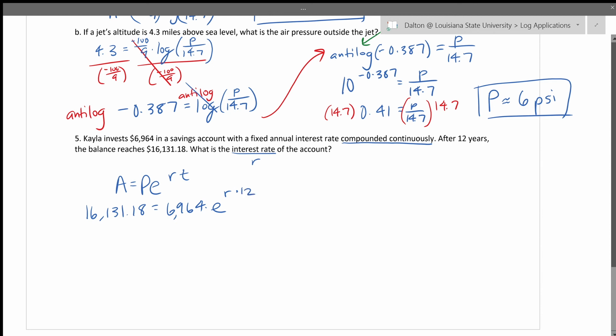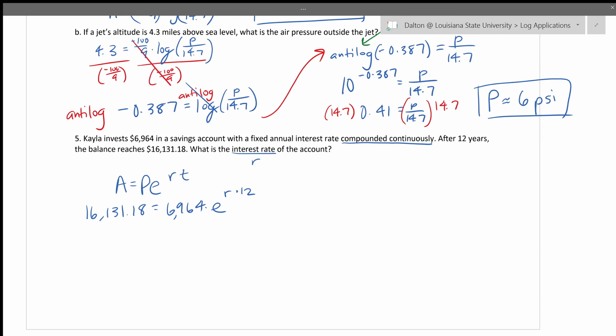Anytime you have your variable in the exponent, the inverse of an exponential is a log or a natural log. I would choose natural log here because I have e. Now, you don't have to. If you did the log of both sides, you'd still end up with the same answer. But this should trigger that we're going to do a natural log.